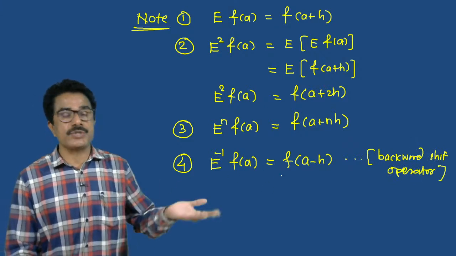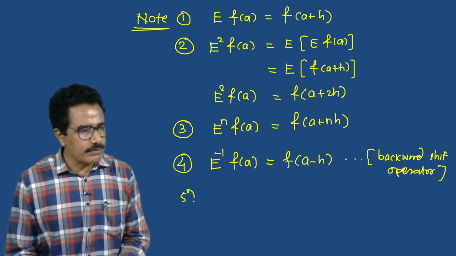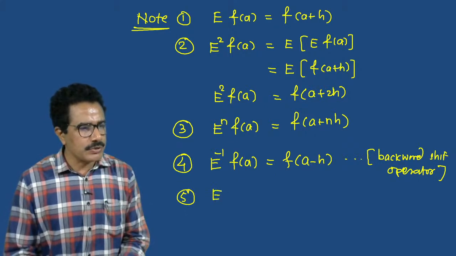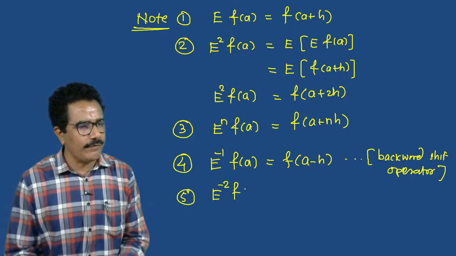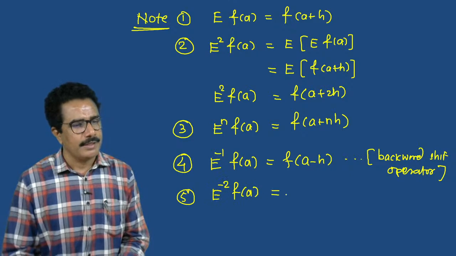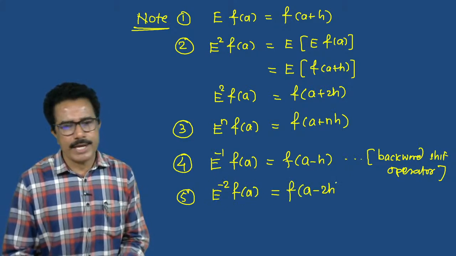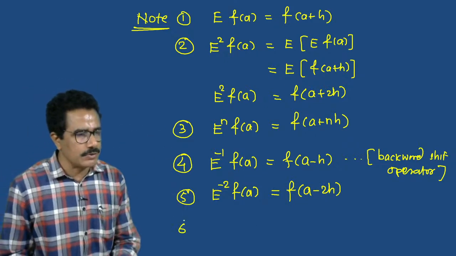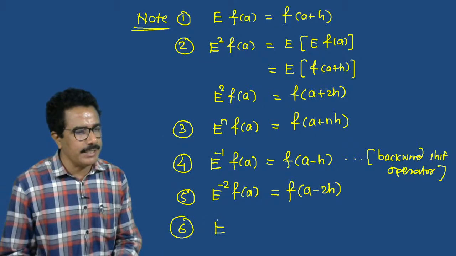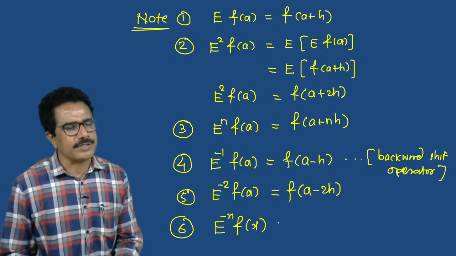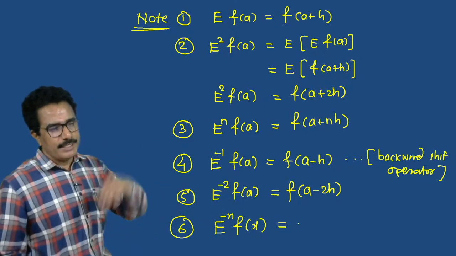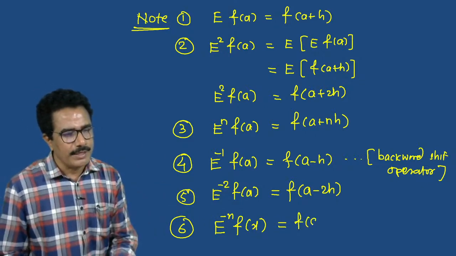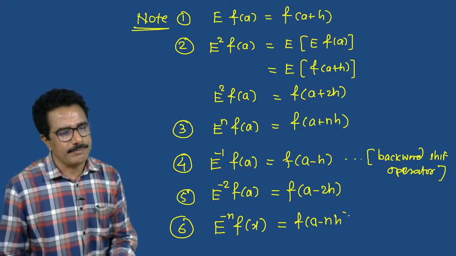Remember this E raised to minus 1. So fifth note, E raised to minus 2 f of a is f of a minus 2h. In this way we can shift up to minus n. So we can write E raised to minus n f of x. Suppose if we use f of x, then we can write f of a minus nh.